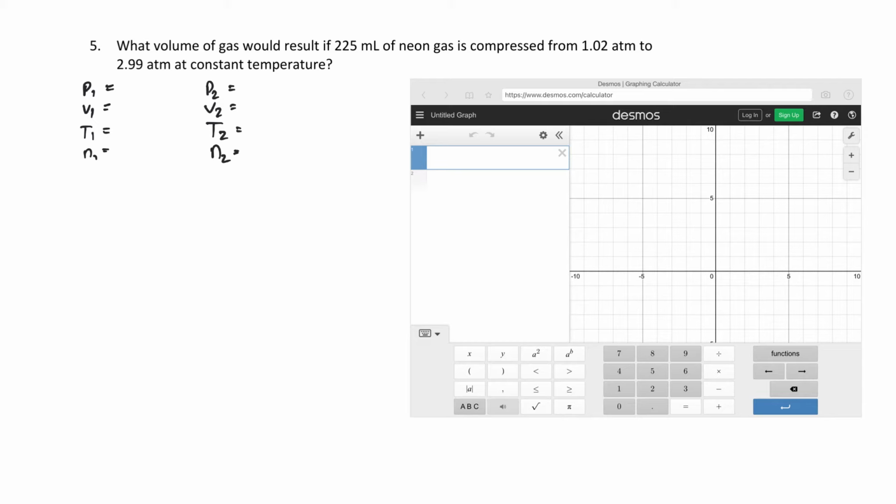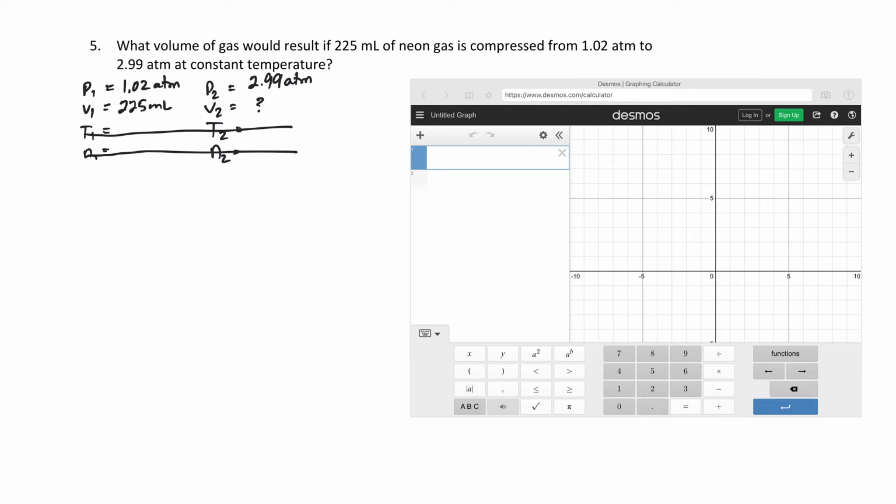So it says, what volume of gas would result if you start with 225 milliliters of neon gas, and you want to know what volume you're going to wind up with. It's compressed from 1.02 atmospheres to 2.99 atmospheres. So they must have really compressed that about 3 times, eh? They say constant temperature, so temperature's a wash, and they don't say you lost any gas, so moles are a wash. So I'm just looking at pressure and volume.